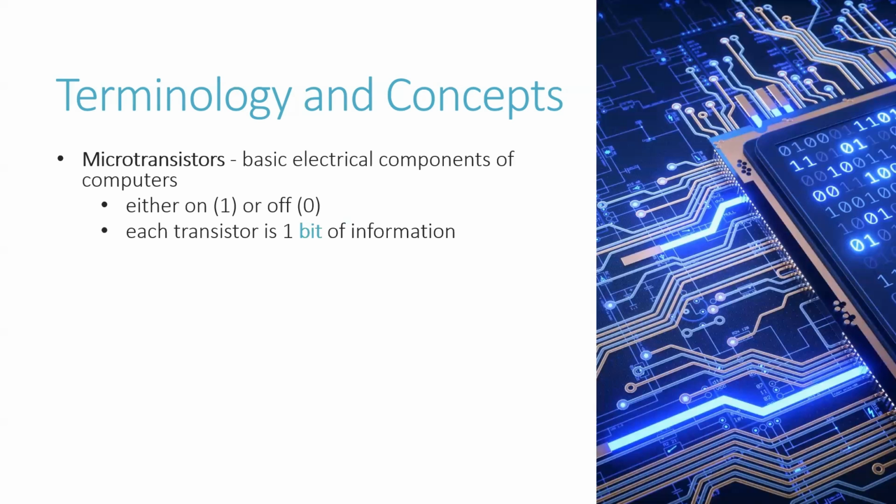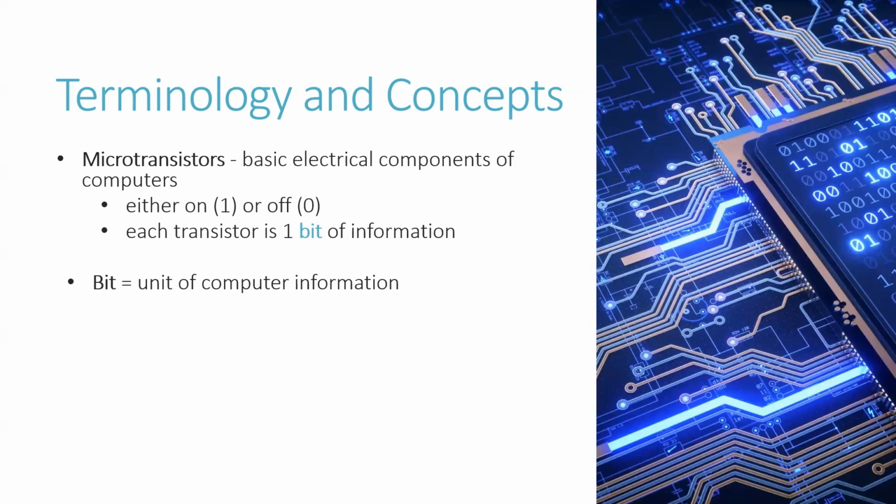Whether something's on or off is just electrical current, a physical thing, and it's going to represent information. And since we have a bunch of them, we can get fairly complex in what information we can hold. One going on and off doesn't really tell you much, but thousands or billions of them do. There's a lot more information that can be held.